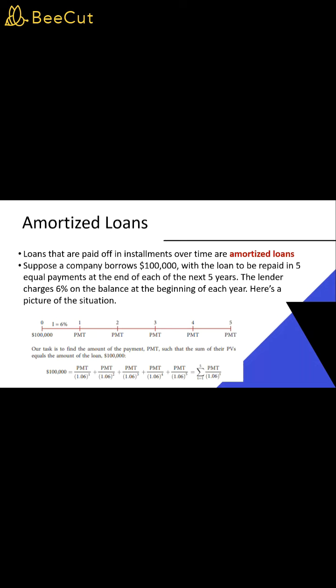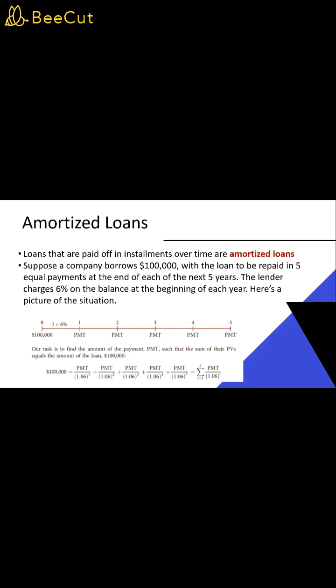That would be an example of an amortized loan. Another example is when people take loans for houses. They've taken a big loan and they say, every month we will pay a portion of that loan in installments, so we'll pay it off over a period of time. Let's look at a specific example of an amortized loan, and I'll show you what it looks like on a timeline on the slide.